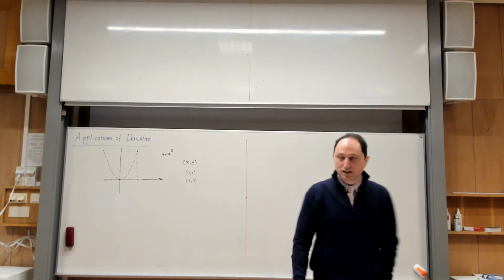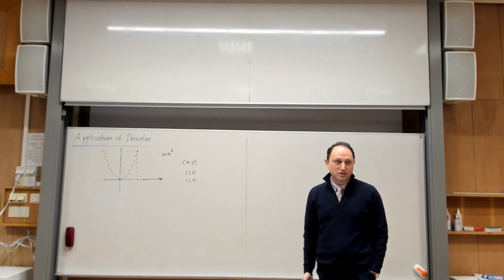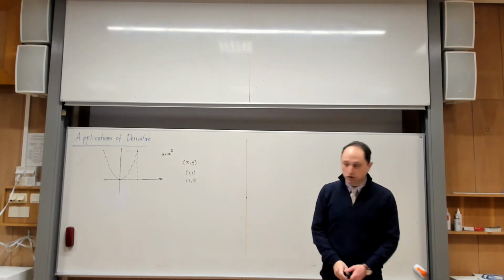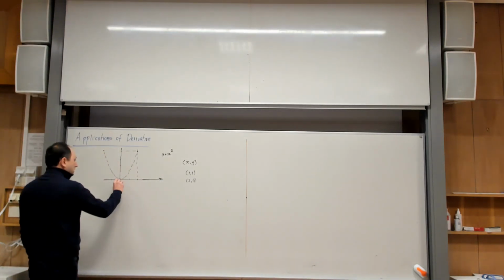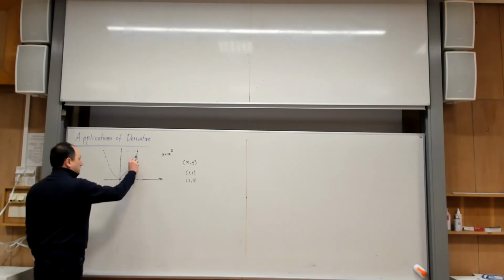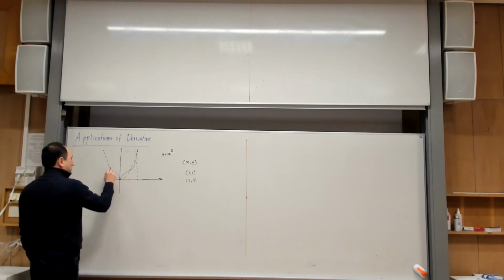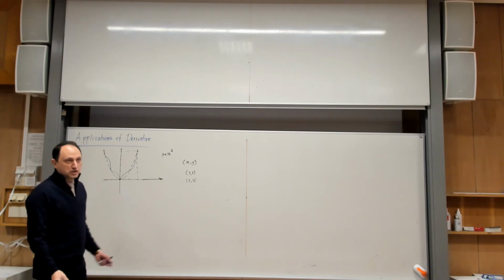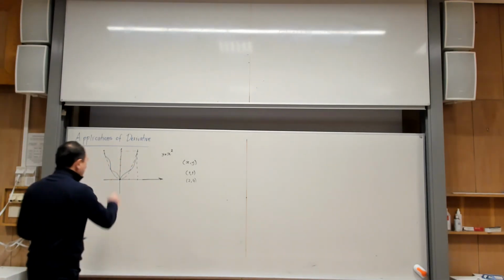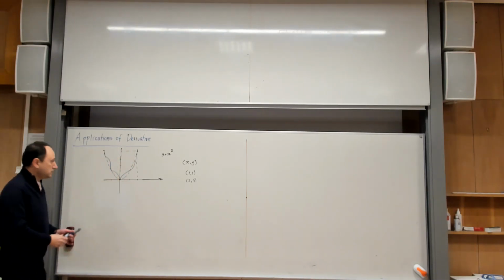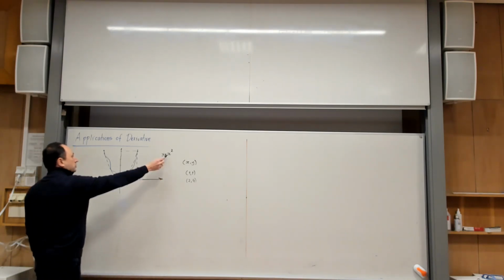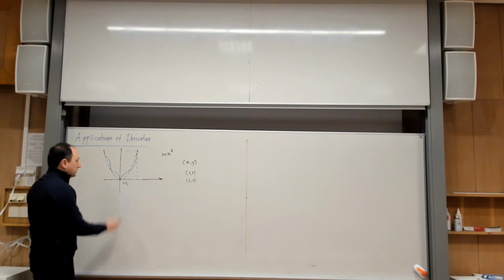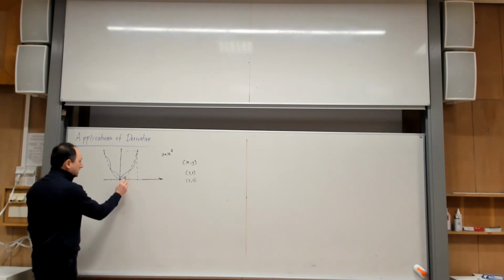But I cannot just highlight 4 points and say that this is your graph, because I hope you agree with me that there is no guarantee that the graph doesn't act like that. Yes, why not? This is another graph. Of course, you can rule this possibility out. You can say, okay, I will take 0.5, I put 0.5 here, I get 0.25, which is here, and then I am convinced that this is wrong.